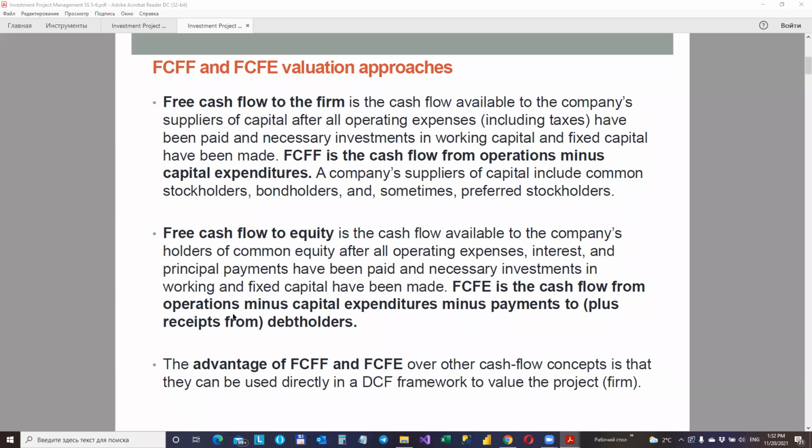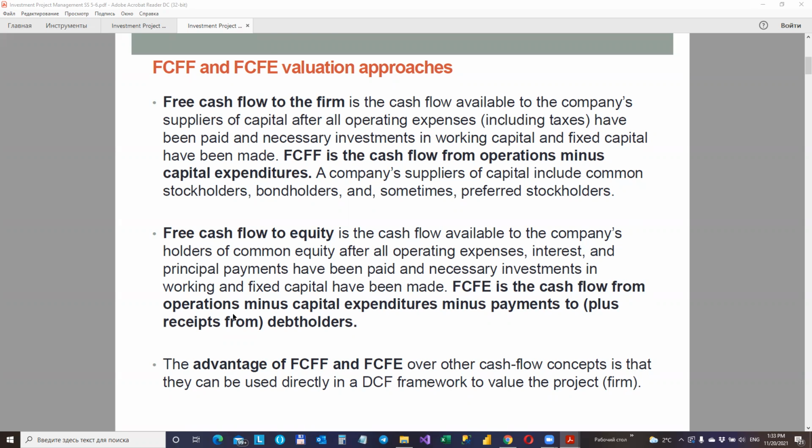The advantage of FCFF and FCFE over other cash flow concepts is that they can be used directly in the DCF framework to value projects or equity.